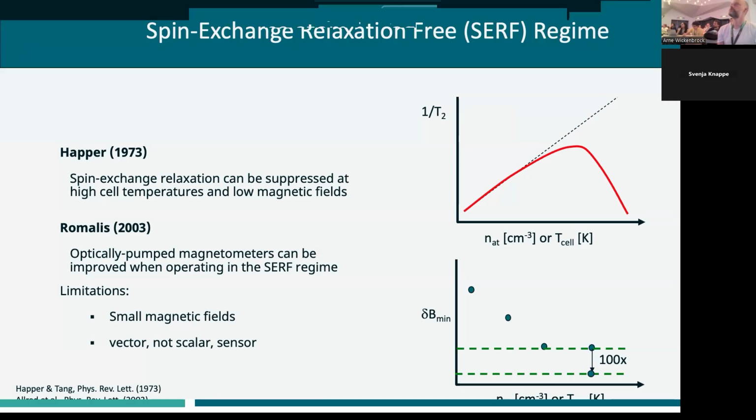And so it's a neat effect in that it's almost too good to be true. And so, as I just described, I want more and more atoms because I can measure better with more atoms, but then they start colliding and then everything gets worse again. But what really happens is I have in my atom, this is maybe a simplified picture, two hyperfine states.